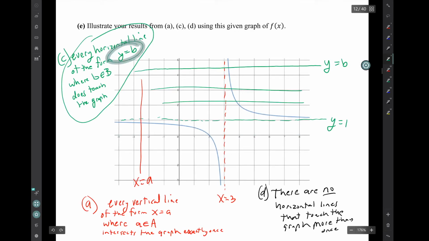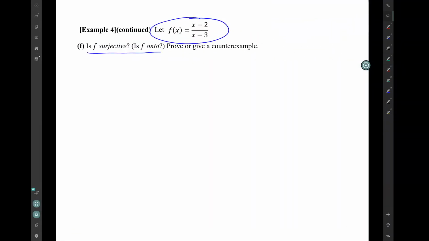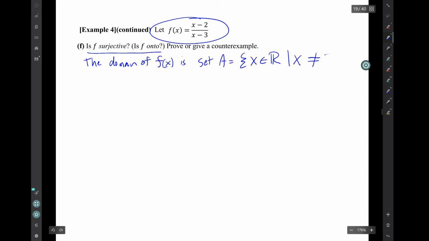But the thing is, the answer to this question is actually kind of tricky. We have to define the domain of the function. Now, we've seen that the codomain that we described earlier was the set of all real numbers, and the range is the set capital B.